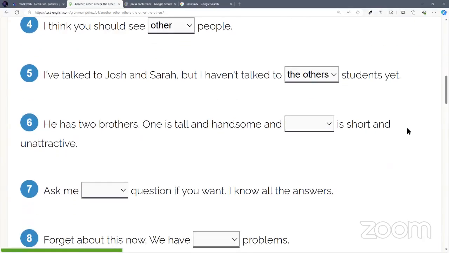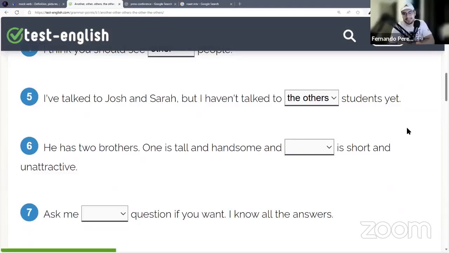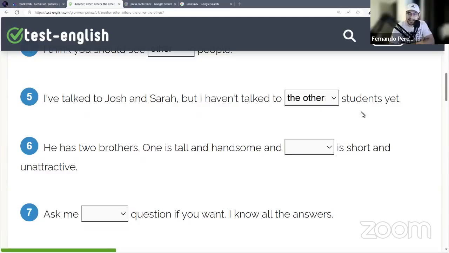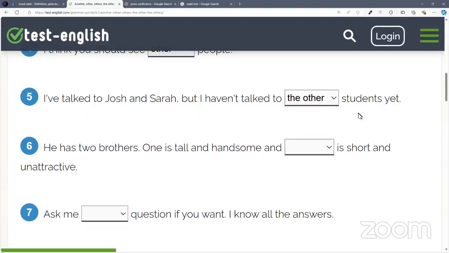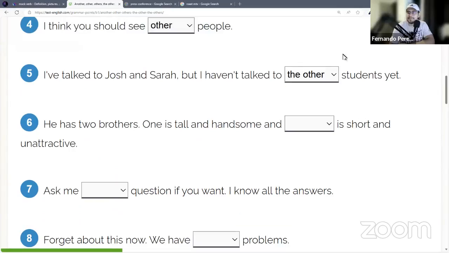And only is missing the others, of course. Oh, wait. The other students. No, no, no, Jesse. The other students. And you say the others. Exactly, exactly. The other students. Excellent. That is right. Number 6.